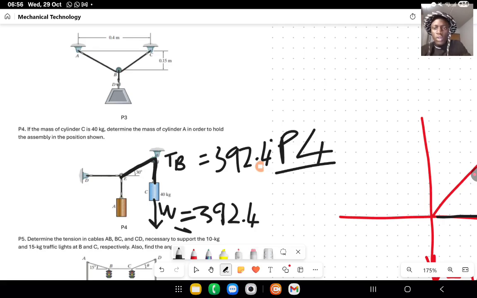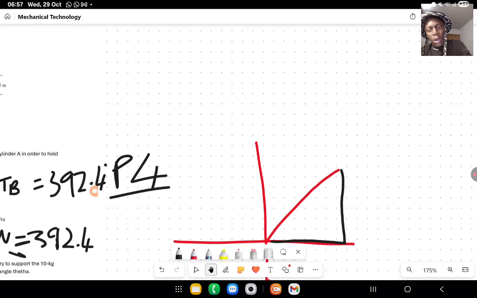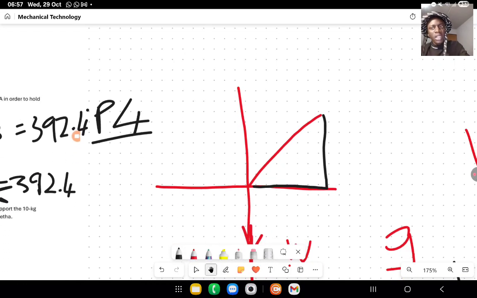That means we are going to find the mass of A here. So we are going to forget about the horizontal forces. We are going to focus on our y values. Now we are going to do our components.